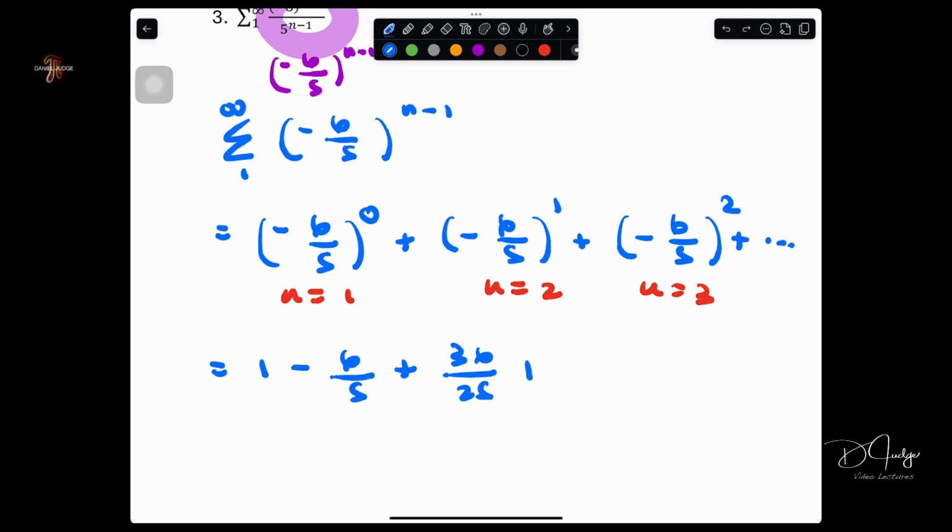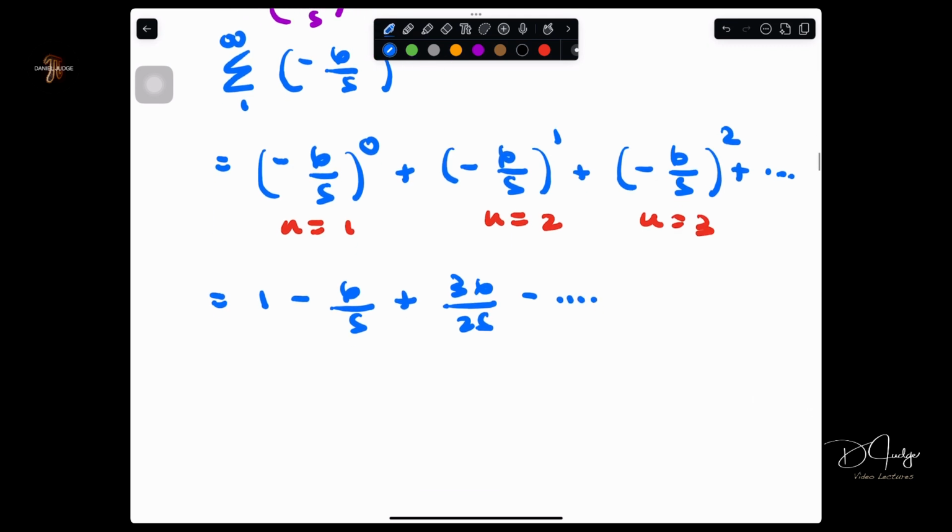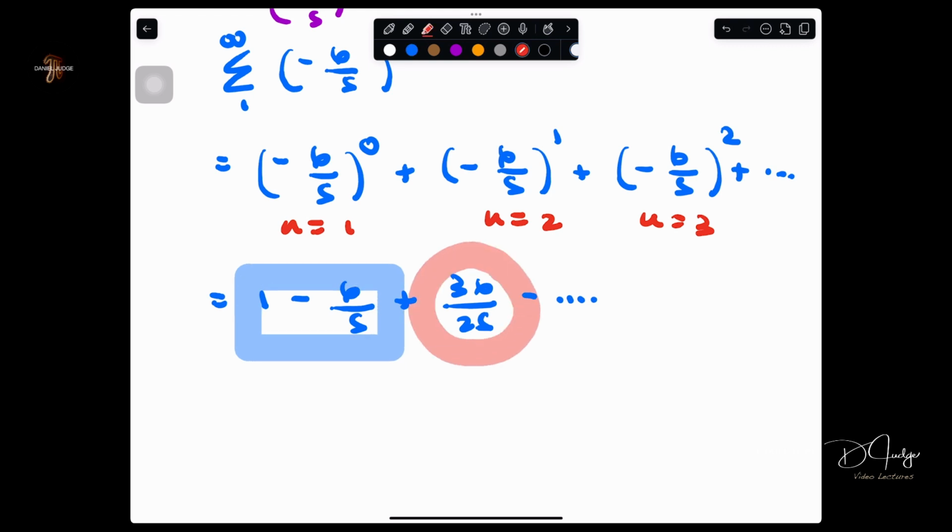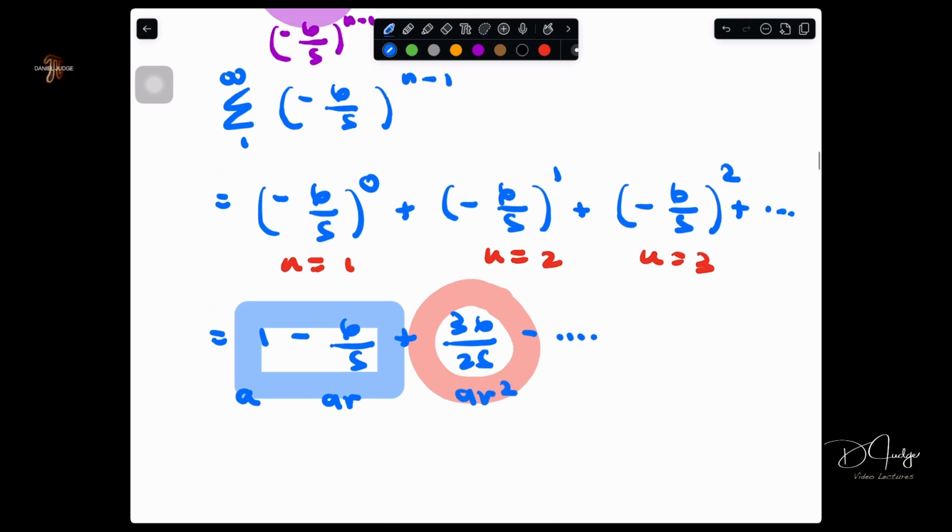The next term is going to be negative, but we only need to look at the first 3 terms again. Because if this is geometric, we know we have A, AR, AR squared now.